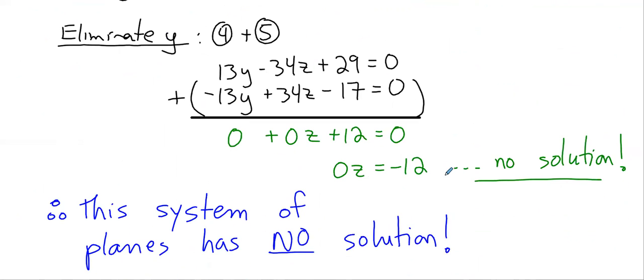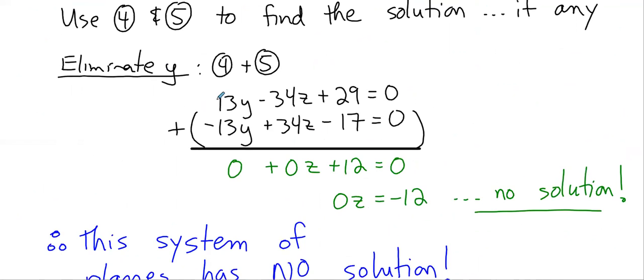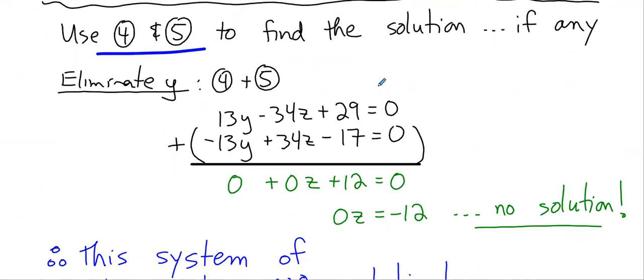It really depends on the amount of work that you can show here. So we're going to take a look at using equations 4 and 5 to eliminate one of the variables. We wind up getting a very interesting equation: 0z is equal to -12. Now, why is there no solution here? Because 0 equals -12 is impossible.